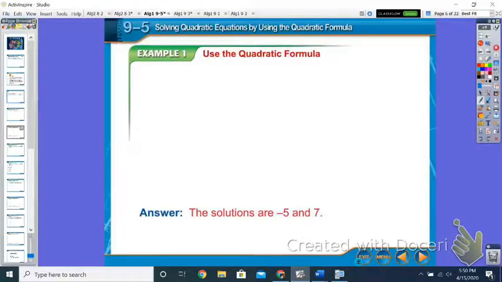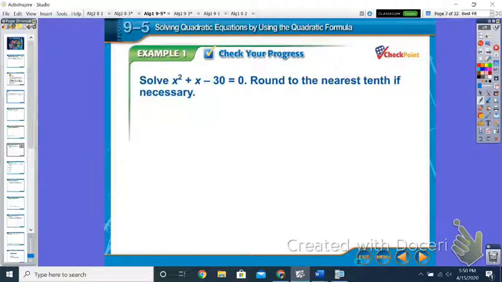So jumping back to the notes, let me look at another one. All right. This video is getting pretty long, but I'm just trying to explain everything for you here. So this one already has everything on the left side, so we don't have any work to do there. So that's good. So I'm going to write A, B, C. Again, A is just 1 because I don't have a number there.